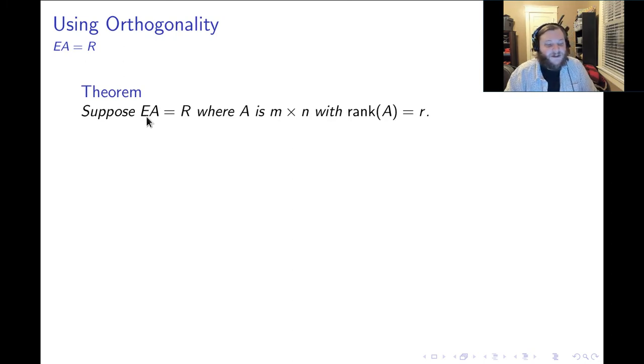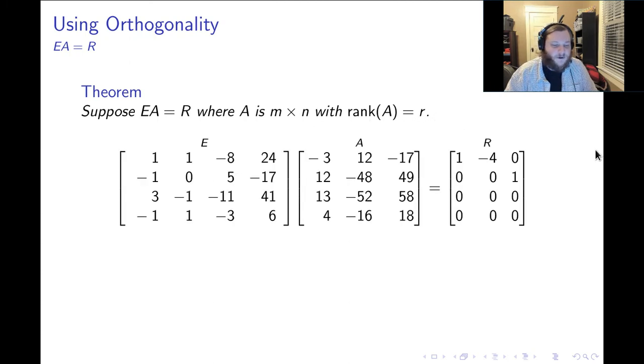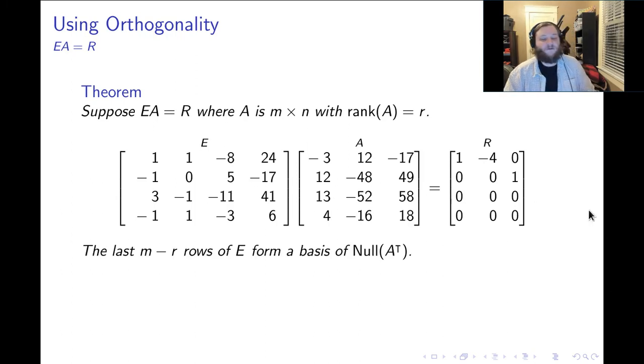Let's say we're studying EA equals R, where A is an m by n matrix, and the rank is equal to little r. So here we have that example again. The punchline of this theorem says that the last m minus r rows of E always form a basis of the left null space. So if somebody gives me this EA equals R factorization, there are many things I can do with it, but now I have an extra thing I can do with it.